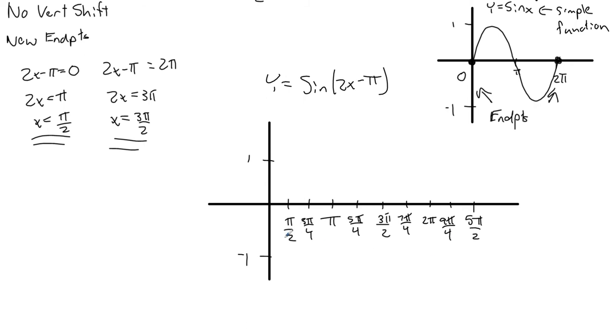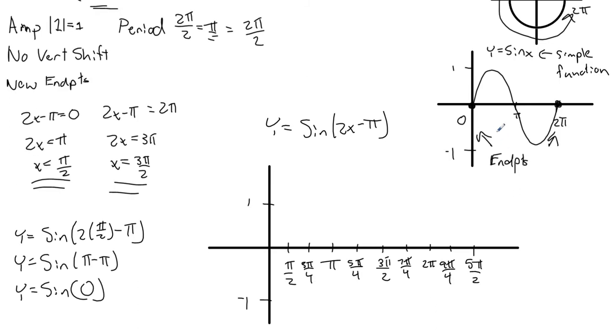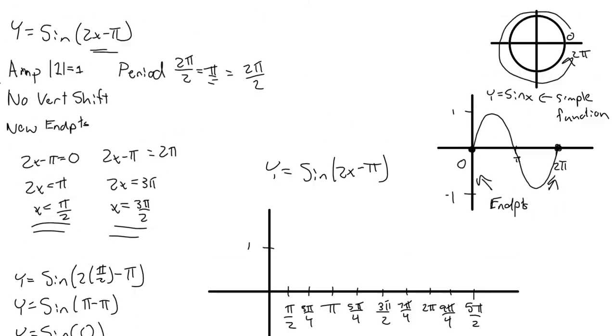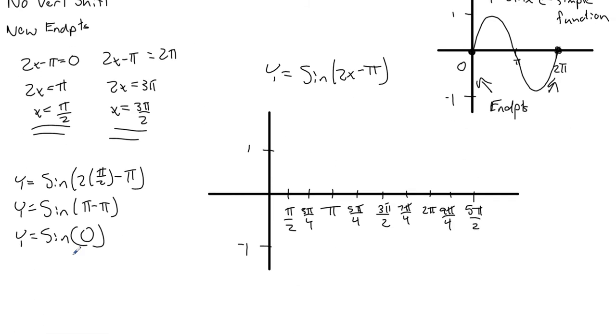When I want to plug in pi over 2 to see where that goes, it's y equals the sine of 2 times pi over 2 minus pi. 2 times pi over 2 would be pi, sine of pi minus pi, y equals the sine of 0, which is our first value on the curve and the first value on the unit circle. So that's good. We know that the sine of 0 is 0, so we can plug that value in there.